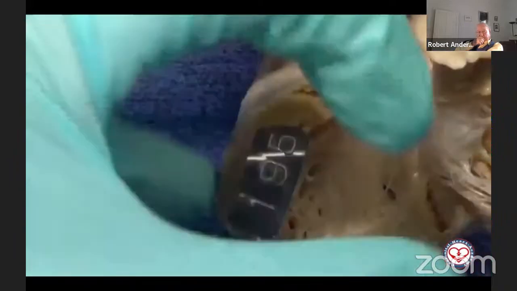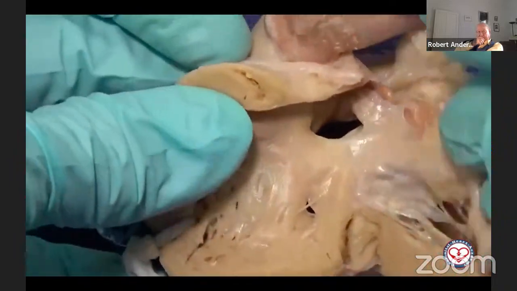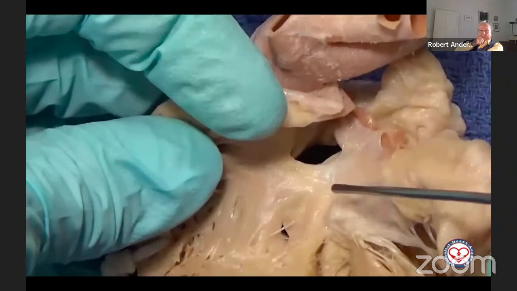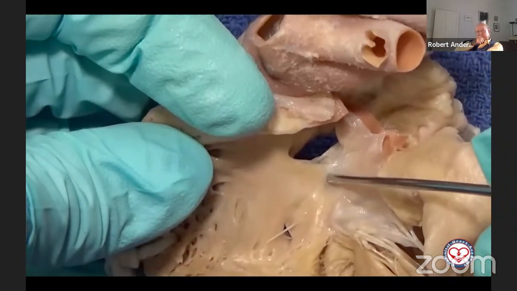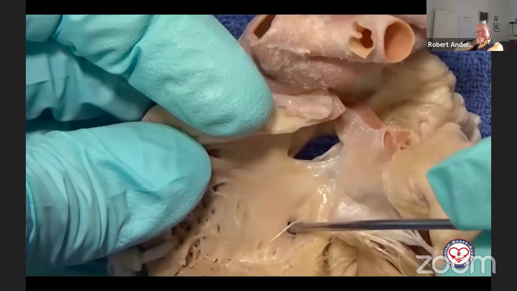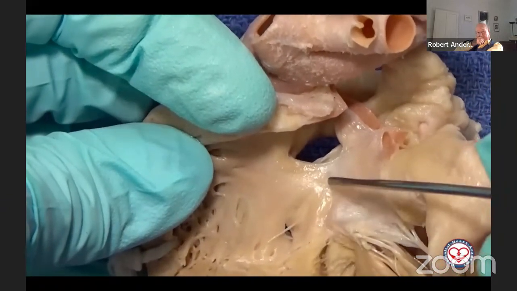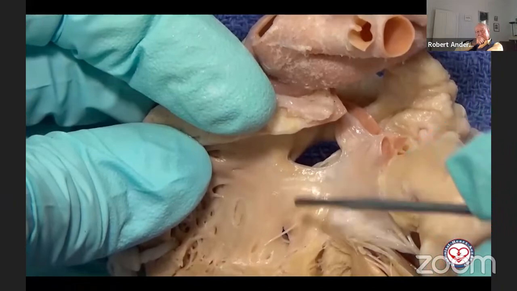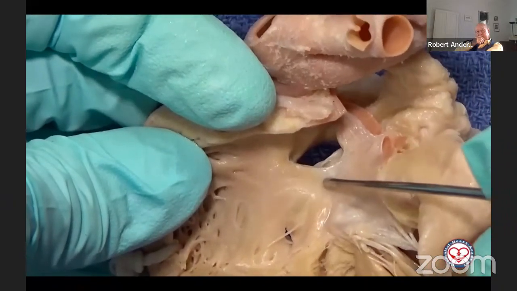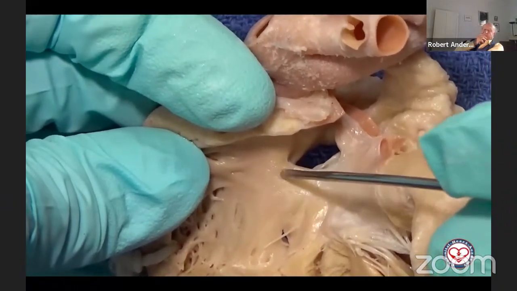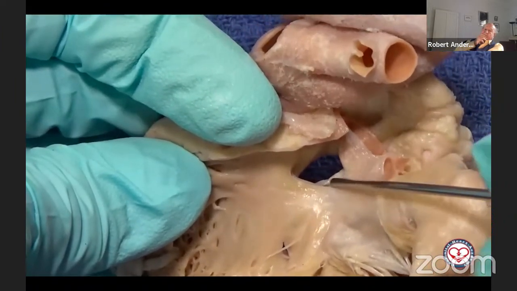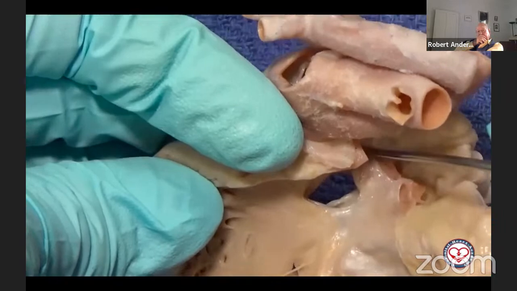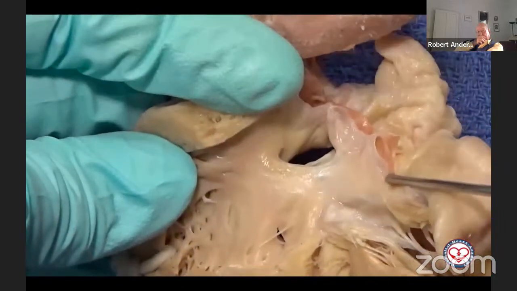And when we look at both defects from the left ventricular side, again, you can see where the left bundle branch will emerge, and it is well away from this muscular defect. The conduction tissue will be anterior and superior to it, and along the posterior inferior border of the muscular ventricular septum relative to the perimembranous extension of the ventricular septal defect.